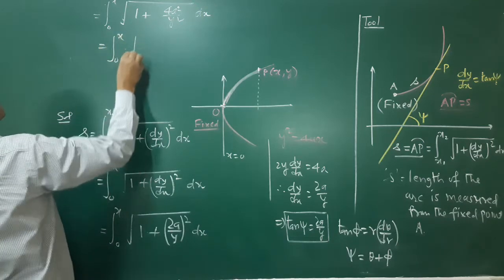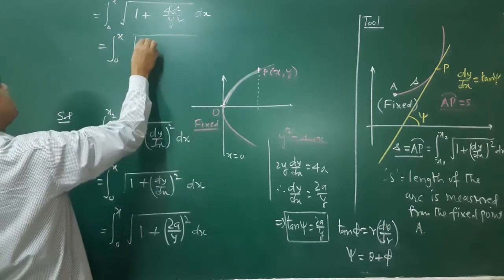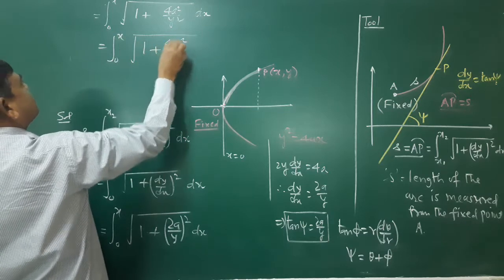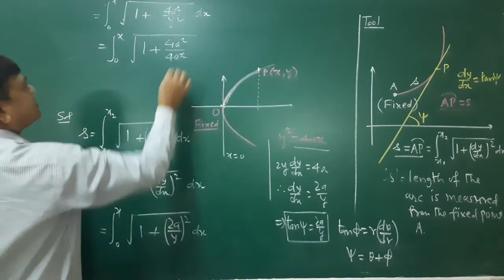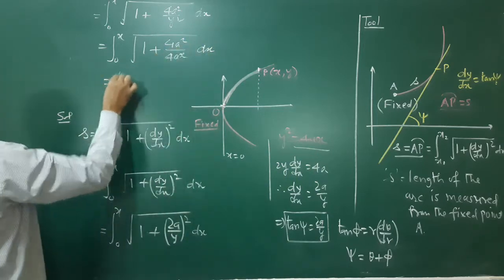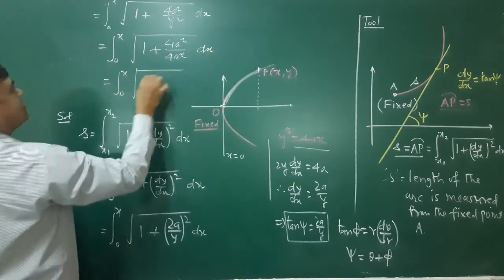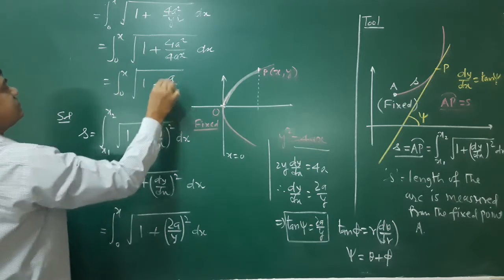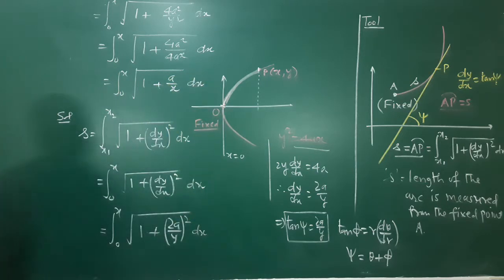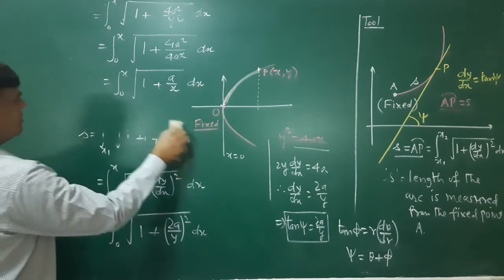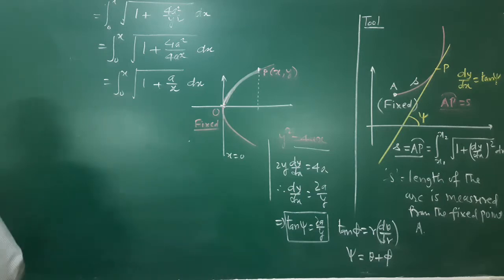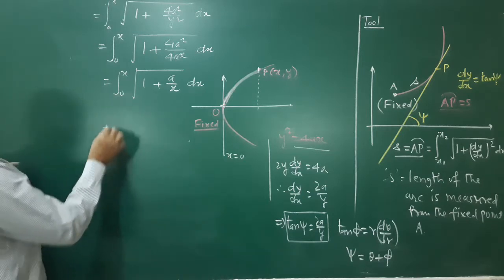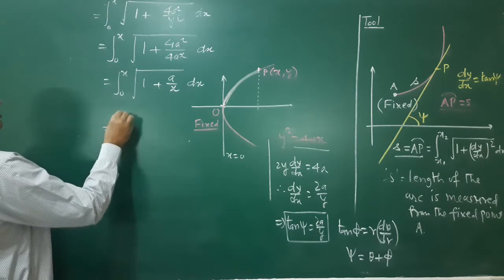Since y square means 4ax, it is the integral from 0 to x of the square root of 1 plus a by x dx.